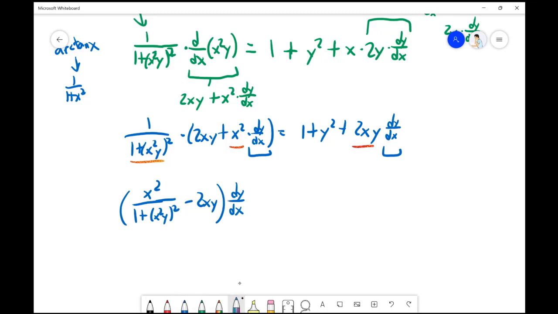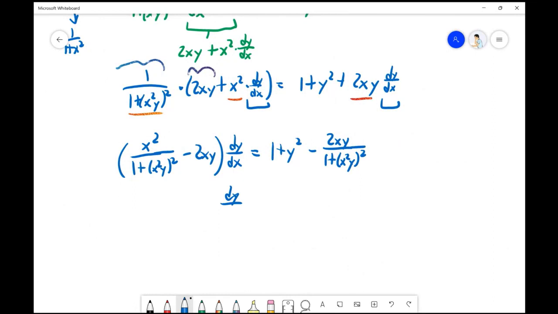I'm going to move this multiplied with this onto the right side. So we're going to get the 1 plus y squared, which stays normal, and then we're going to subtract 2xy over 1 plus x squared y squared. Then to get the final answer, you just divide. Sometimes you would have to simplify.